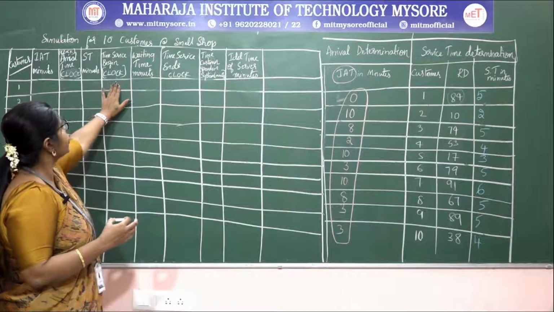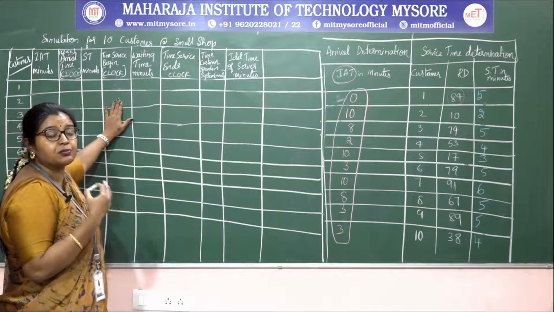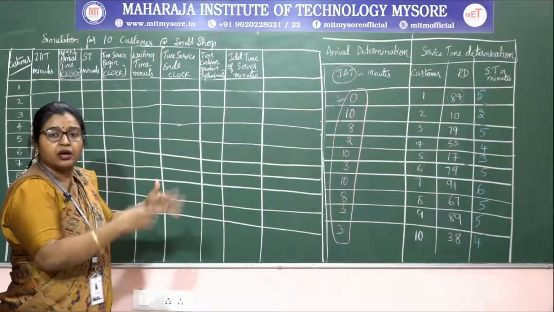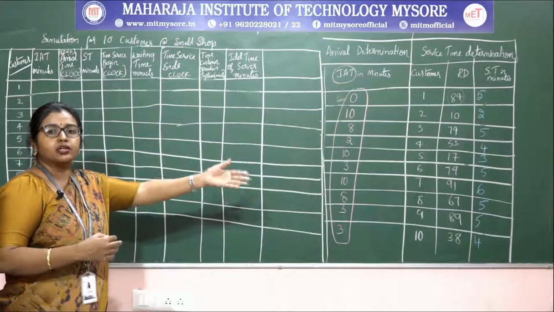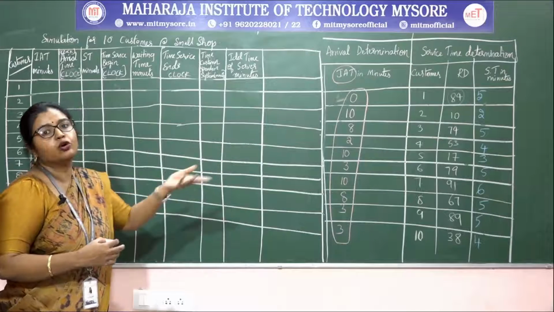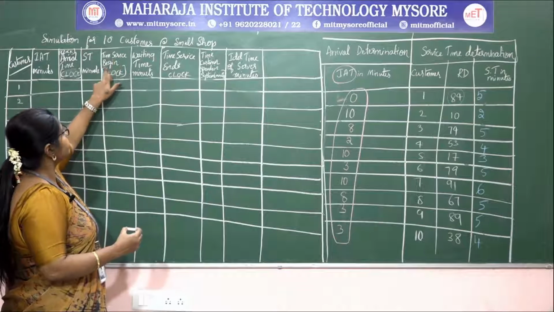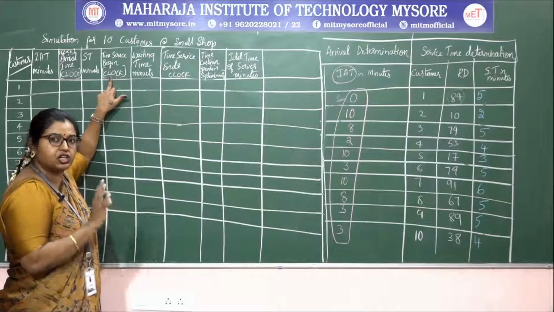For the first customer, at what time will the service begin? For the second customer, even though he has arrived at the 20th minute, whether he is going to start the service by the 20th minute or some other time, whether he has waited in the system or not, we need to look into. That is why service begin time is also recorded in the simulation clock.